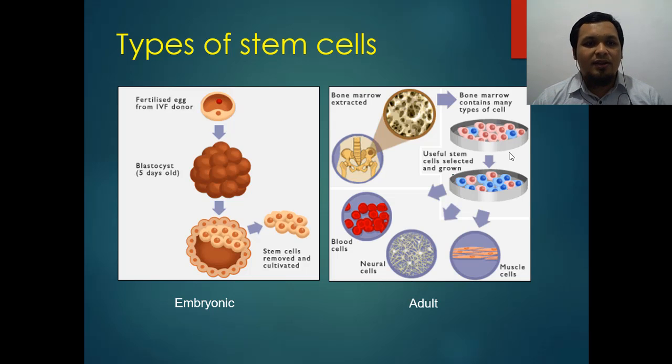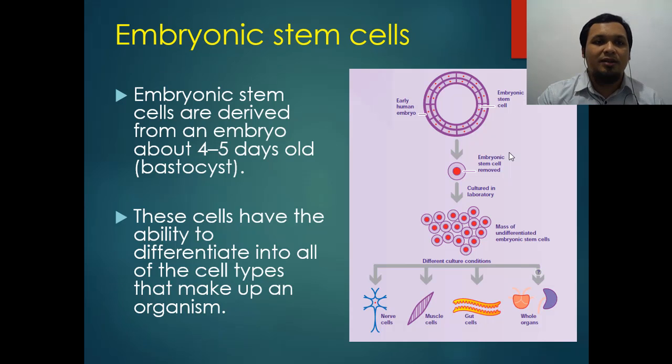This is the type of stem cell. We have two. The first one is embryonic, and the second one is adult stem cell. So now let's see the embryonic one. The embryonic stem cells are derived mostly from an embryo about 4 or 5 days old, and the other name we call it is blastocyst.